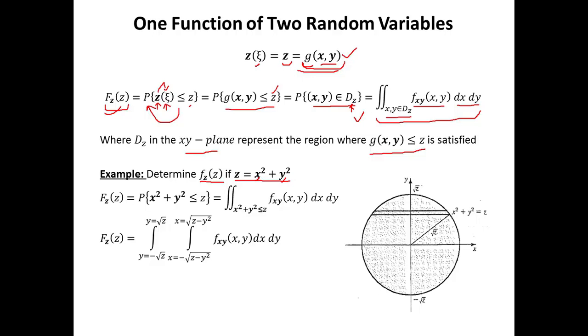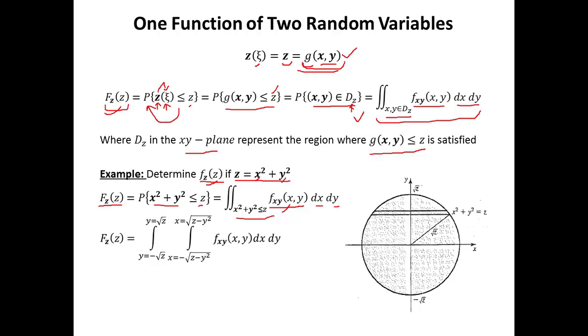If we determine the CDF and differentiate with respect to z, we can get the small f_Z(z). For the CDF, F_Z(z) will equal the probability that Z is less than z, that is, the probability that X squared plus Y squared is less than z, that is, the double integral of the joint PDF of X and Y with respect to the x and y variables for the region where X squared plus Y squared is less than or equal to z. So we need to integrate this PDF only for this region where X squared plus Y squared is less than or equal to z.